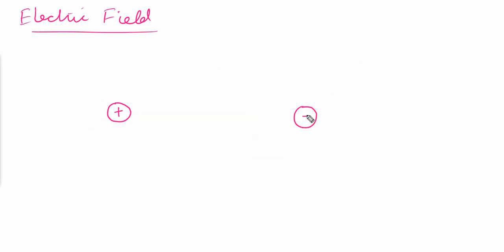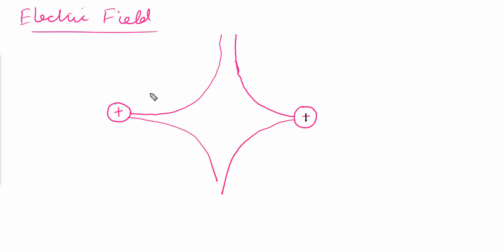Alright, so if we have two charges and both of them are positive, the pattern of the electric field lines will form like this. It will initiate from the positive charge, but because there's another positive charge in front of it, it will be repelled like that. It will repel like this, it will repel like this.